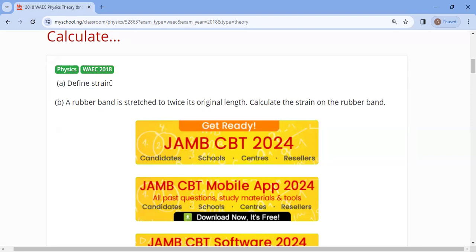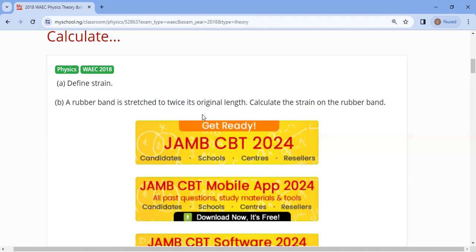Number one, strain is the ratio of extension to original length.